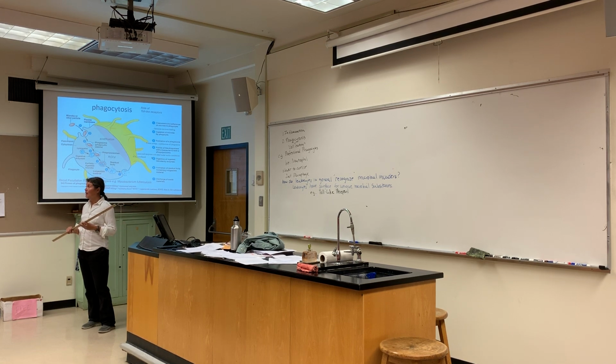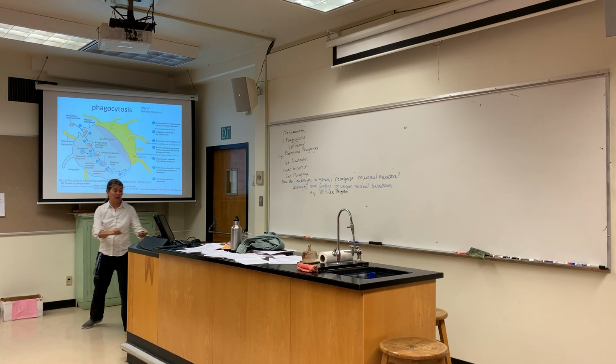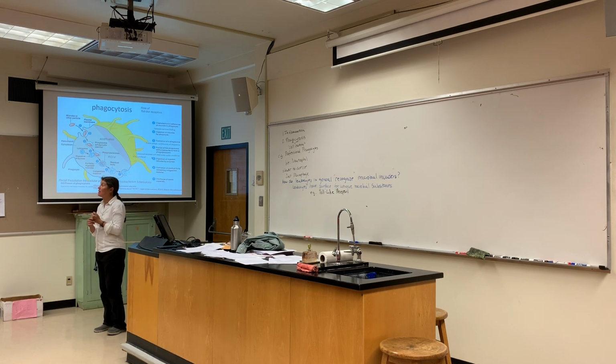hydrolytic enzymes. So the second punch, the second killing mechanism, is called oxygen dependent, because we see a huge increase in molecular oxygen consumption. It's sometimes referred to as the oxidative burst or respiratory burst.